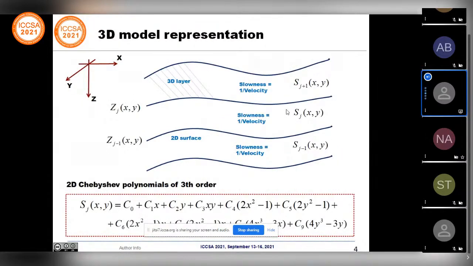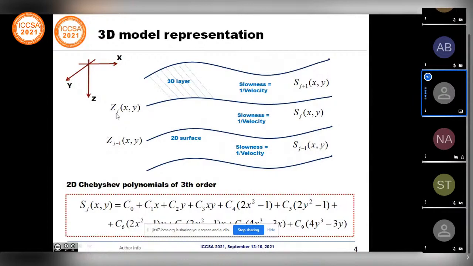So we suggest the following 3D model representation. A geological medium is usually represented as a set of subhorizontal layers formed by sedimentary rocks. The most intensive variation of physical properties, such as velocities or density, occurs in depth, which is marked by the z-axis.